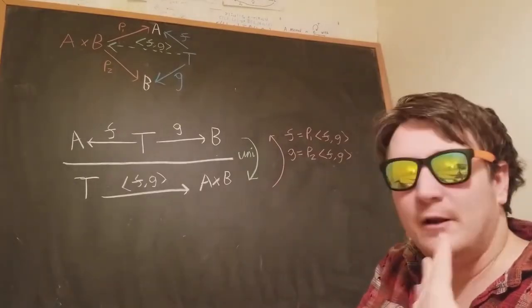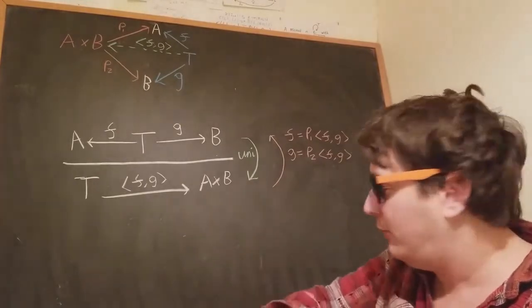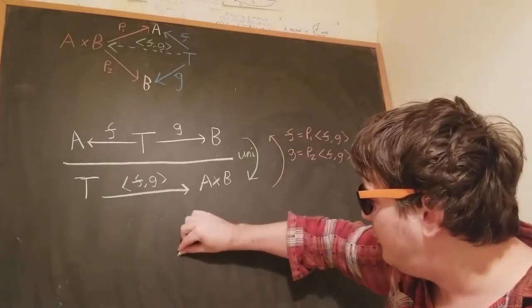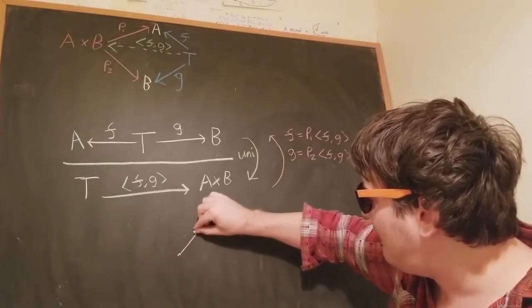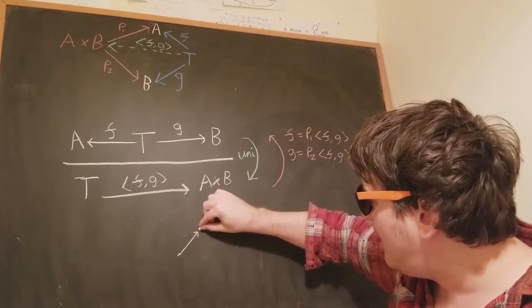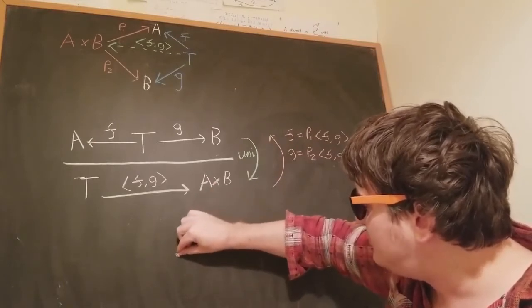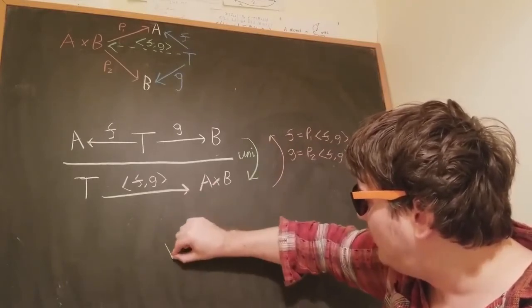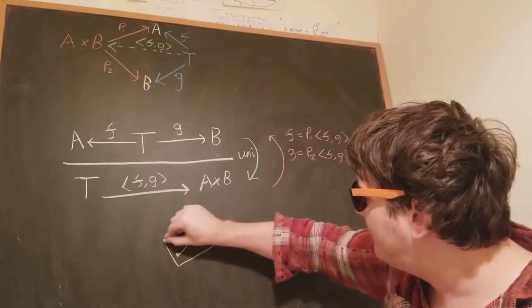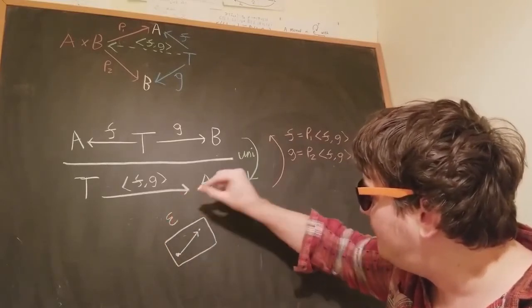So, for example, in a graph, the edges would be picked out like this. If we have a graph here which has a single edge, maybe we call this graph epsilon.